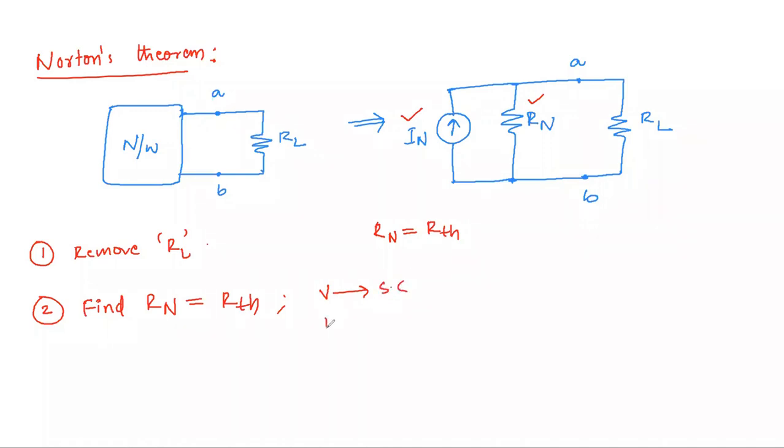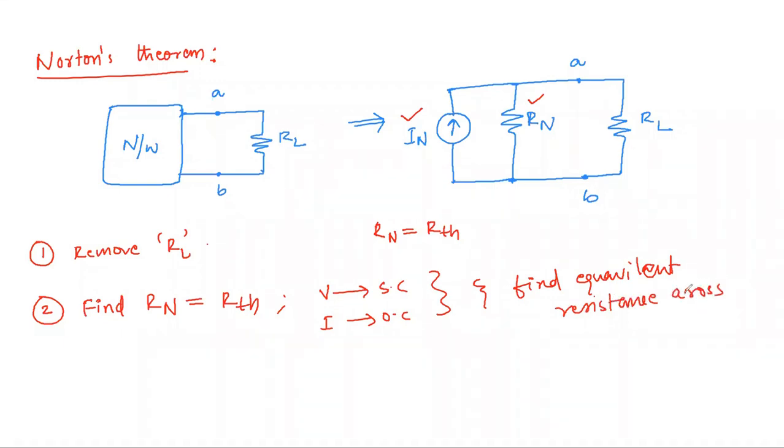If you have any current sources, open circuit, and find the equivalent resistance across the terminals where you are taking out that resistor, right? So you'll get Rn like that.